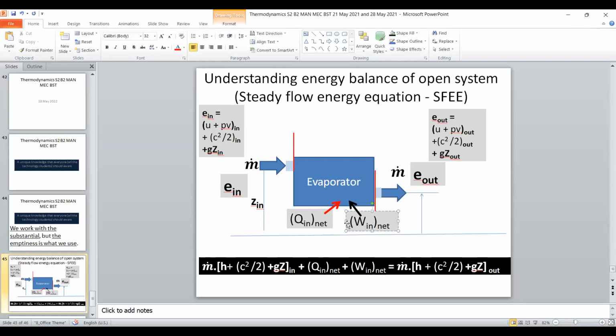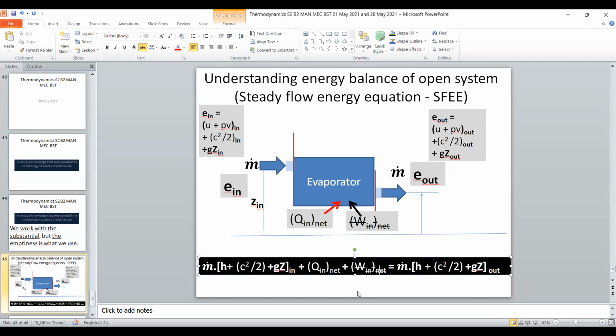Evaporator means no work done. So I just strike this. So we can say W is 0, or no work done. Okay, good.